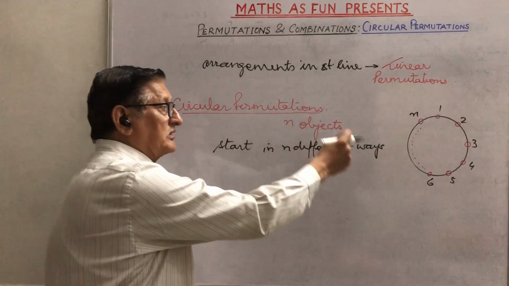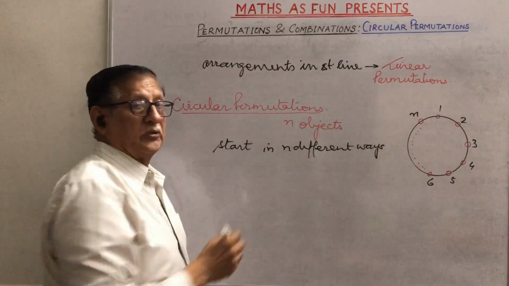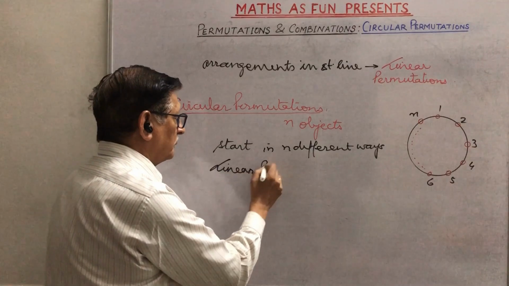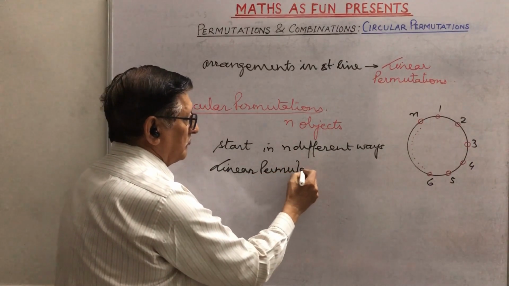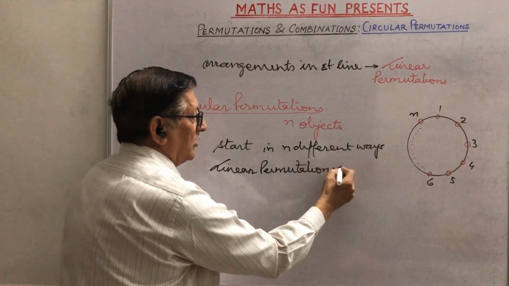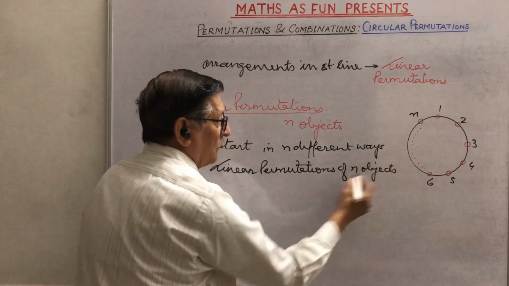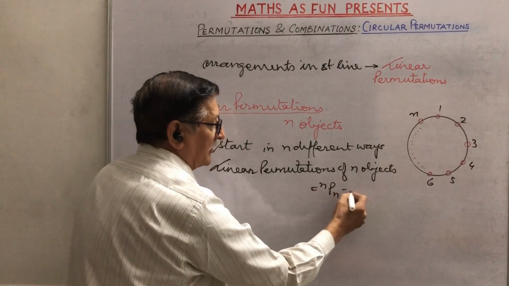But in case we want the linear permutations of n objects, that was given by nPn, that is factorial n.